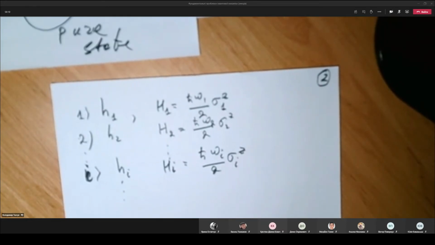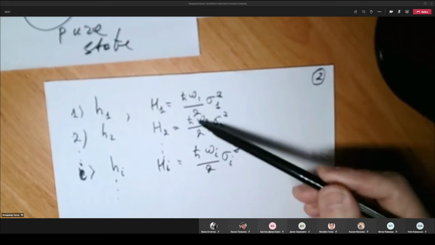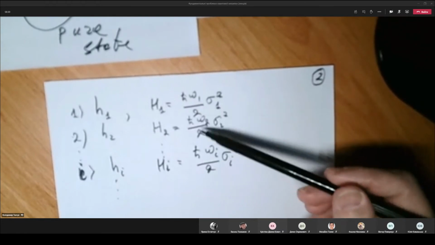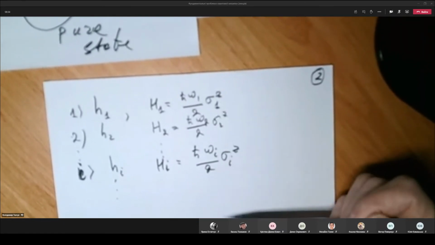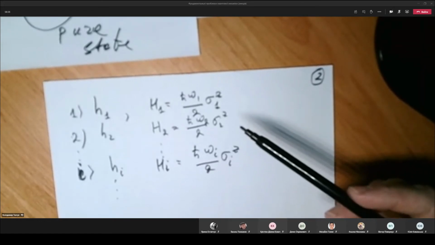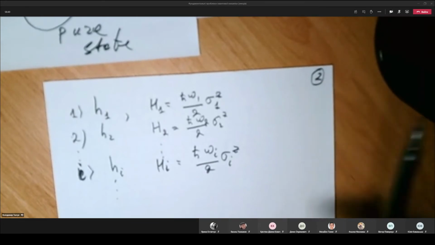So we have all interactions only with a magnetic field directed along the z-axis, but the value of the magnetic field is different for each spin. We have a different magnetic field for each spin, but directed only along the z-axis.